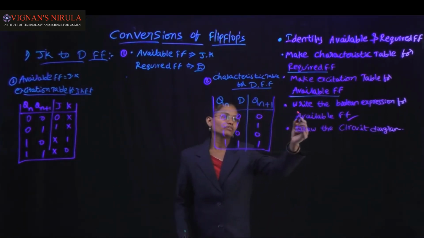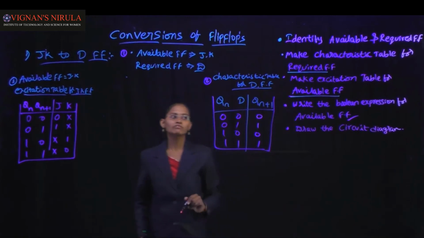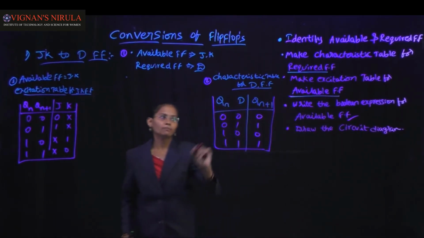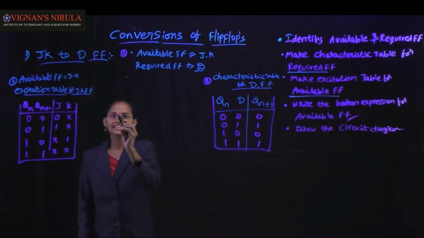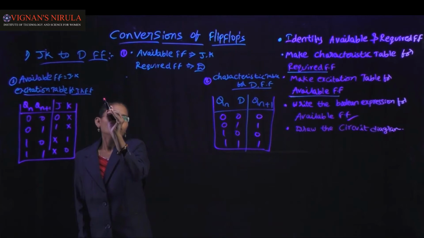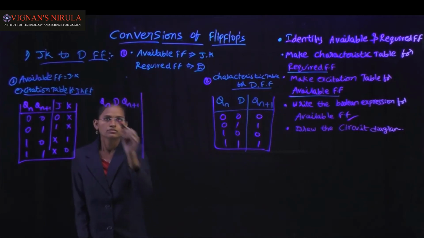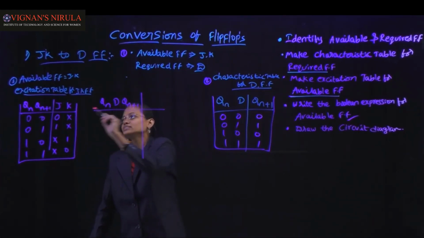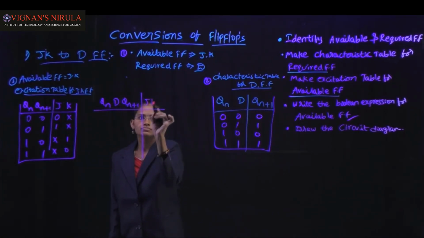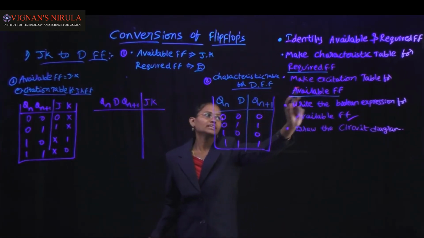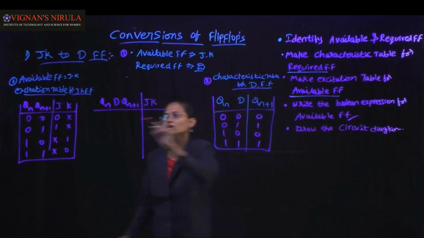Third step is write the Boolean expression for available flip-flop. First, make the excitation table for available flip-flop, that is the Qn, D, Qn plus 1 and JK. Okay, JK is the available flip-flop. Make the excitation table for available flip-flop.